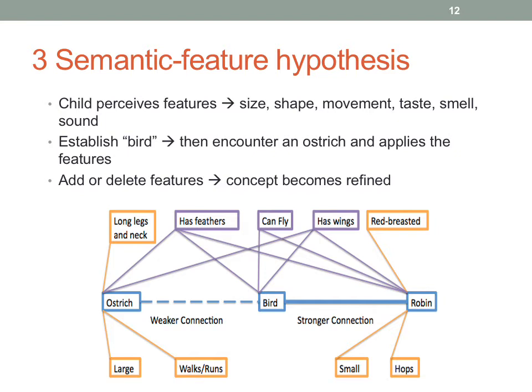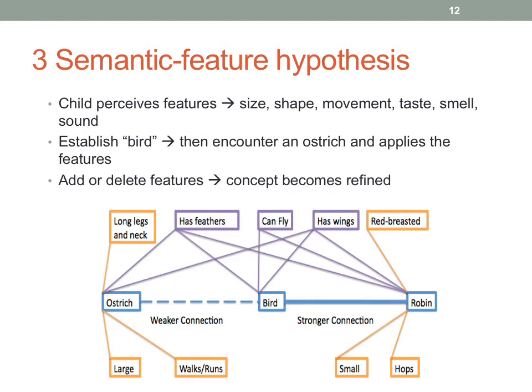So when they have a word for bird, they understand bird, they know what a bird is, and then they encounter an ostrich, they apply the features that they know about the concept of bird.